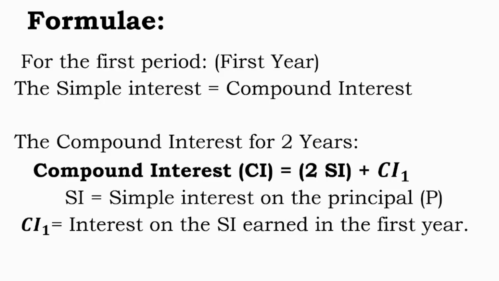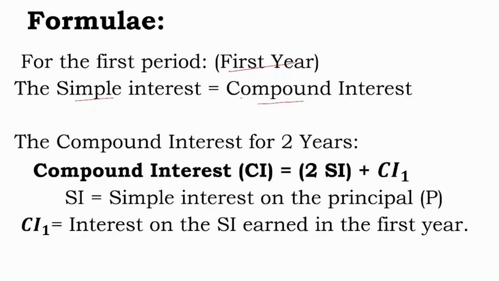Now we discuss the formulas that are used to calculate compound interest. If we have only one period, that is only 1 year, then for the first year the compound interest and the simple interest are both the same, because there is no previous period for the compound interest.